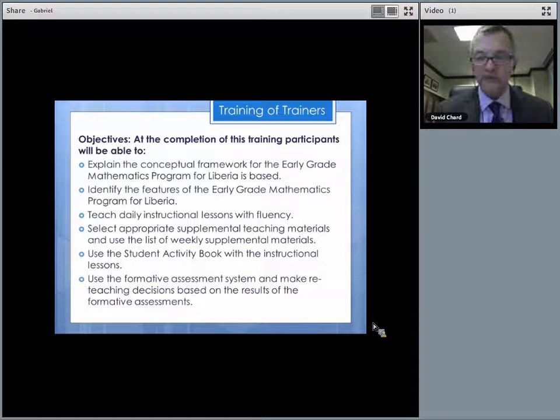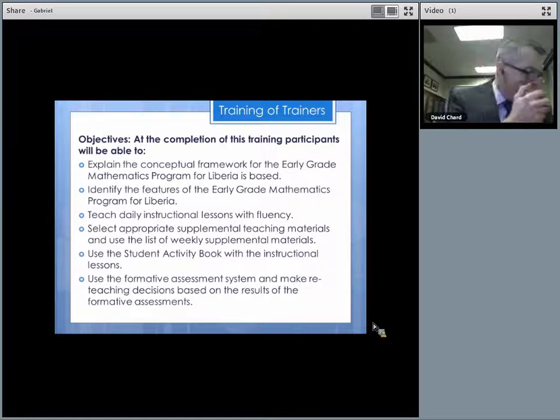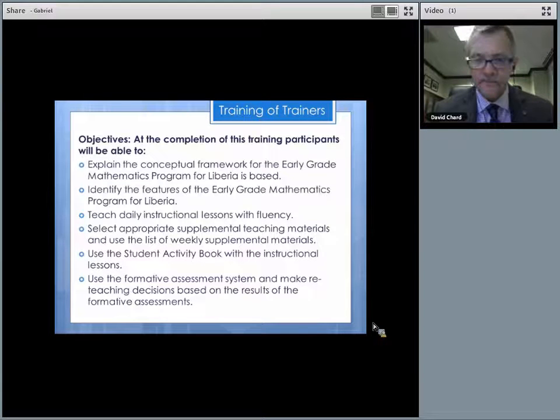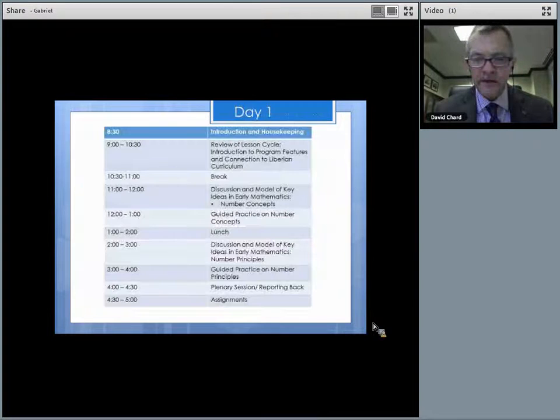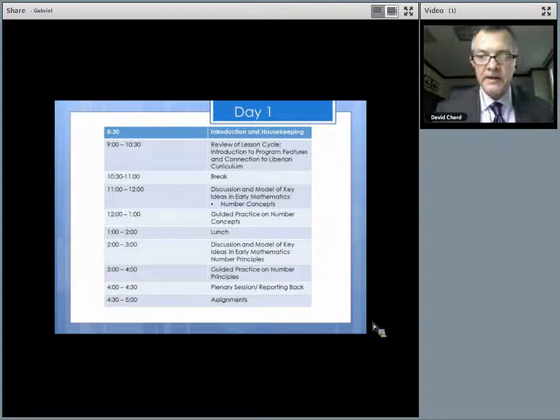So day 2 looked very similar. The next slide. Very similar. And then you'll see at the end of the day, we spent time in day 2 talking about vocabulary around mathematics, and then spent some time on assessment and what reteaching means, and selecting supplementary materials. Next slide.